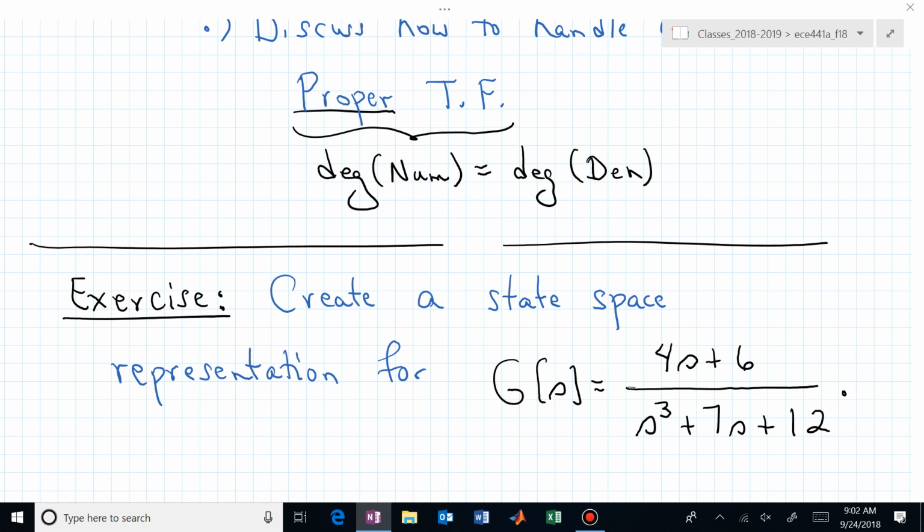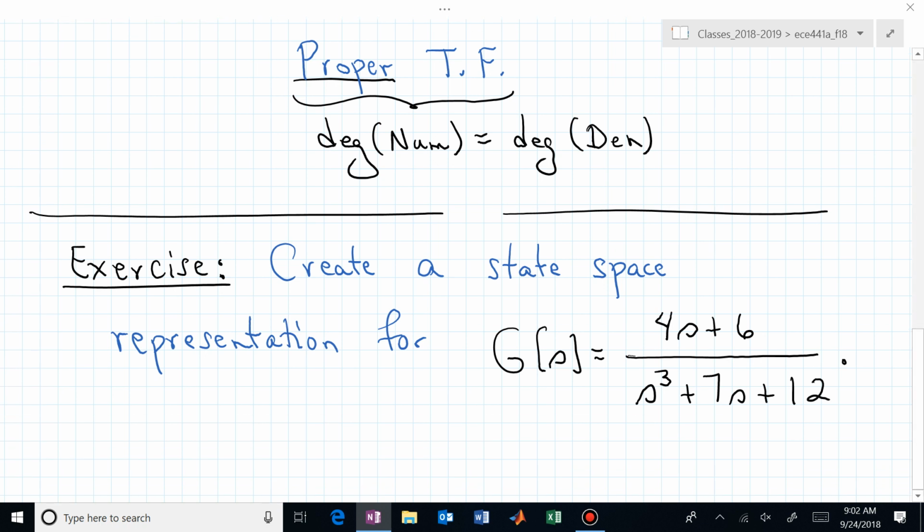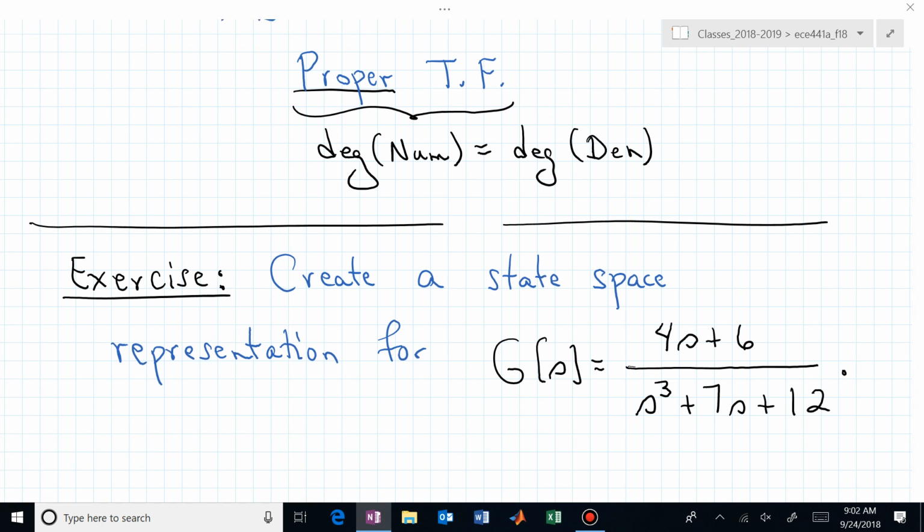That's a little bit of a precursor. What I want to do now is have you spend a little time trying to create a state space representation for the following transfer function. G of s is 4s plus 6 over s cubed plus 7s plus 12. Start trying to find a state space representation for that transfer function.